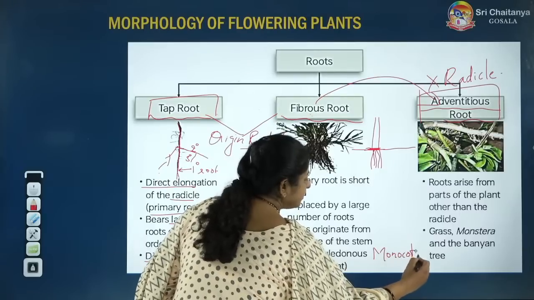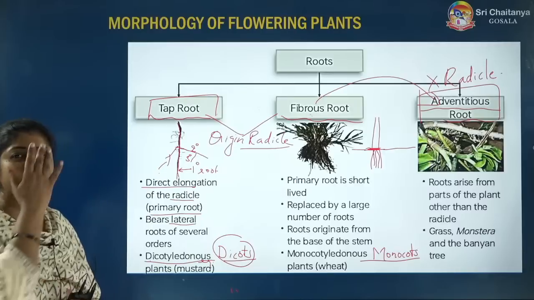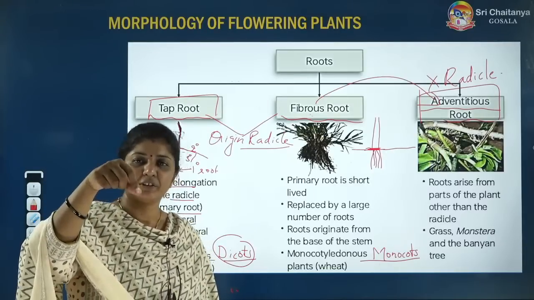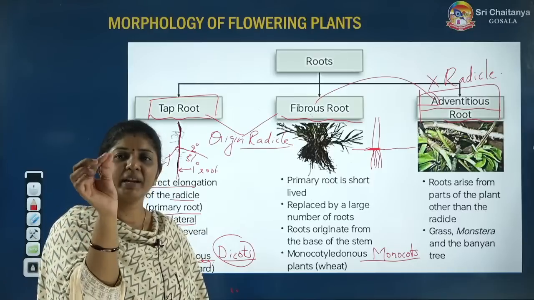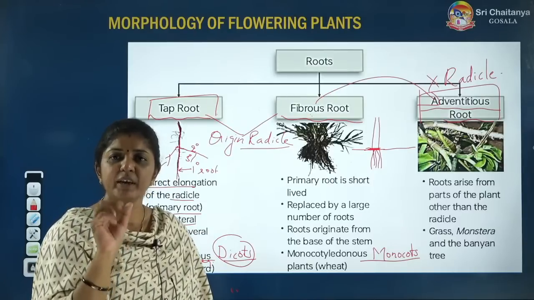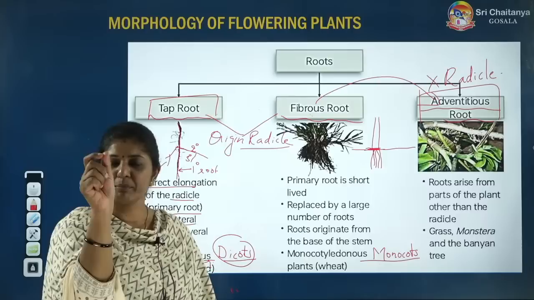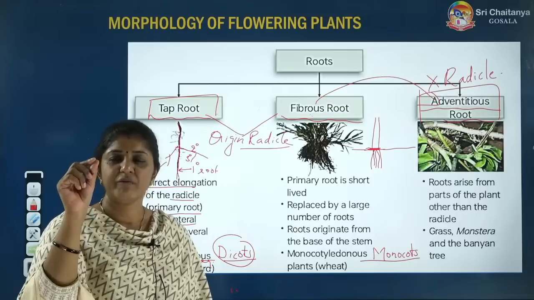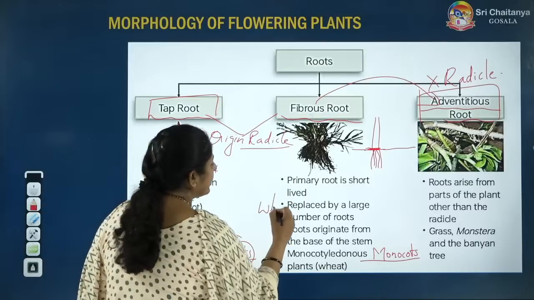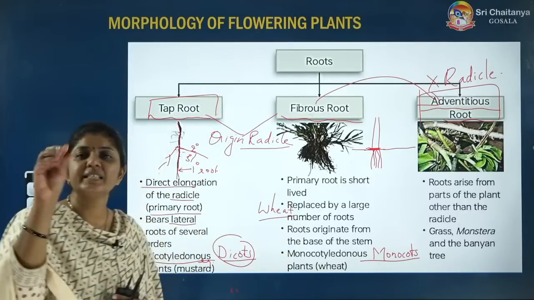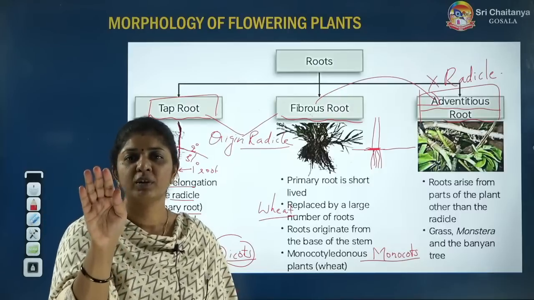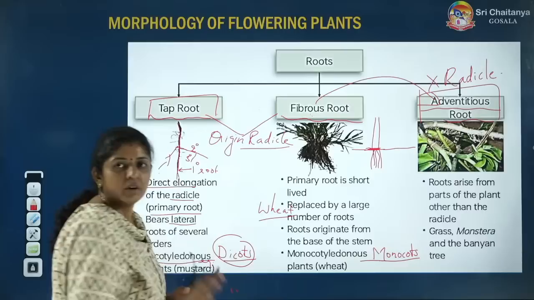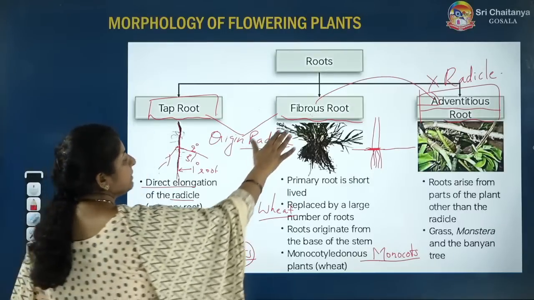Don't take tension, let me simply give you an idea. You know the white gram. When you soak it overnight and press it, you will get two halves. If you get two halves like this after soaking and pressing, those are dicots. And like wheat, if you soak it the full night and press it, can it be two halves? No. If it still remains one, that is a monocot.